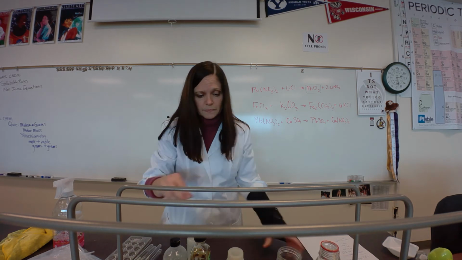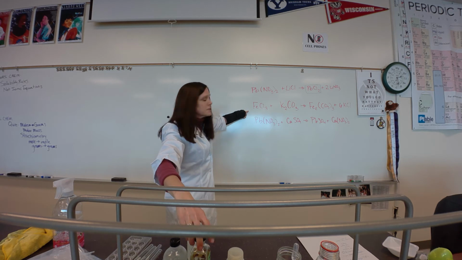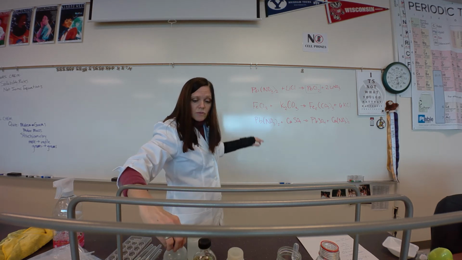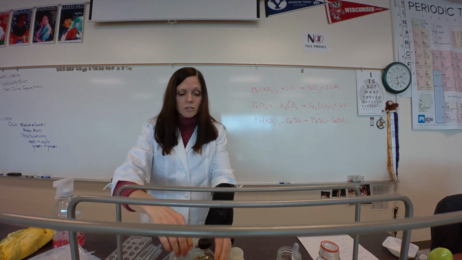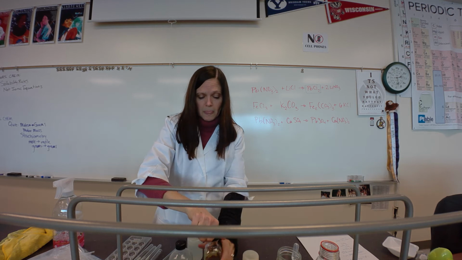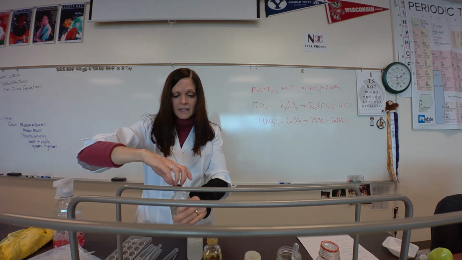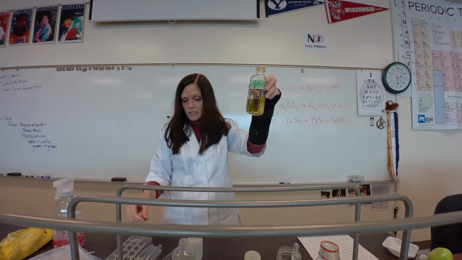So that would be what we would expect to see there. Let's try another one, okay? This next one, I want to try some iron III chloride, and I'm going to react it with some potassium carbonate, okay? So let me get these open. You'll notice that the iron III chloride is yellow.